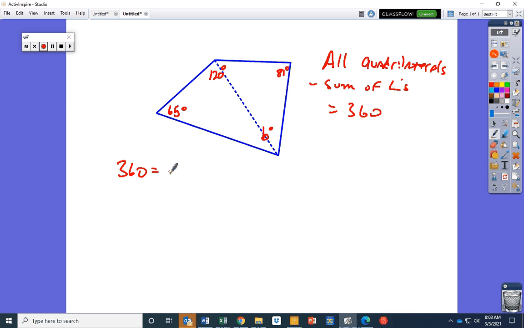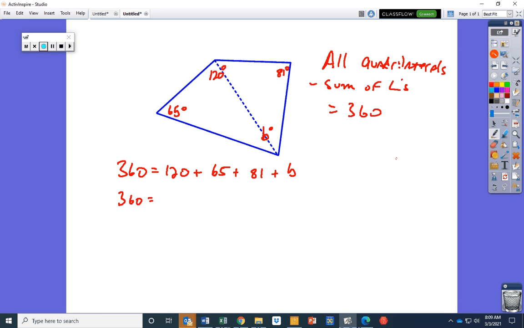360 equals, and then I'm going to write what I know. What are the three angles that I do know? 120 plus 65 plus 81 plus B. I don't know what B is, but I can combine these, can't I? What's 120 plus 65? 185 plus 81 would give me what?